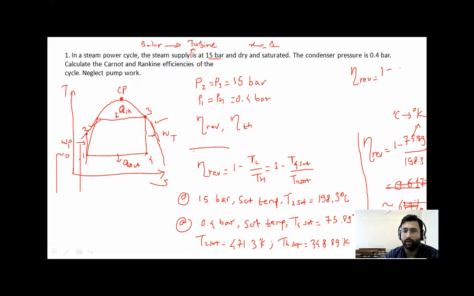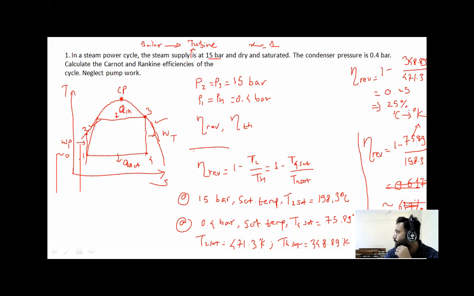This will be equal to 1 minus 348.89 divided by 471.3. So calculate the efficiency now. 0.25, or we can say the efficiency is 25%.